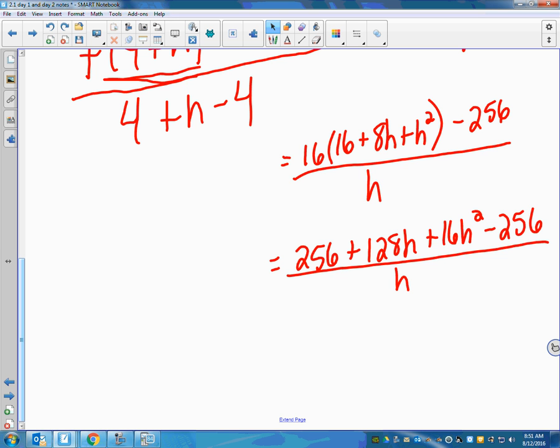And you can see that these 256s are going to cancel out. So doing the algebra, I'm left with 128h plus 16h squared all over h.